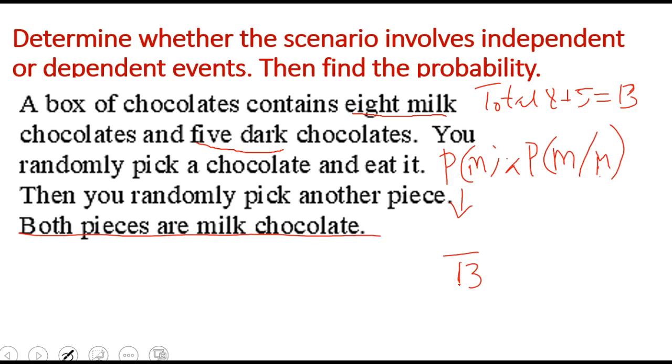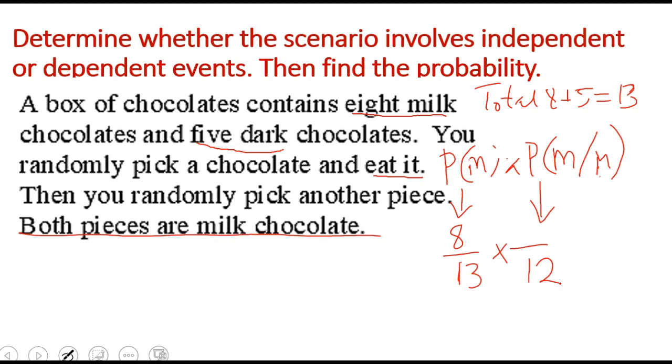What's the probability that the first one was milk chocolate? The favorable outcome for milk chocolate is 8, so it's 8 out of 13, times, now you have to consider the outcome left. He ate it, so it's no longer there. What will be the total possible outcome after that first one is taken? It will be 12 left, so you're starting with 12 now.